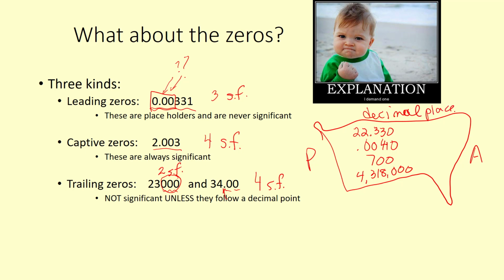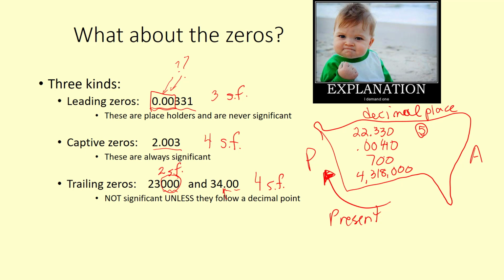Okay, if the decimal place is present in the number, you start on the Pacific side of the United States. So here the decimal point is present. So I start here and I find all the non-zeros. 1, 2, there's the decimal point, 3, 4, 5. So this has 5 significant digits because the decimal point present makes that significant.